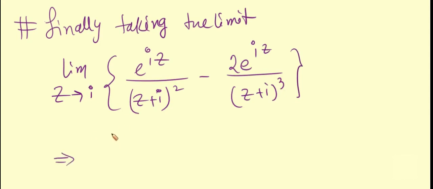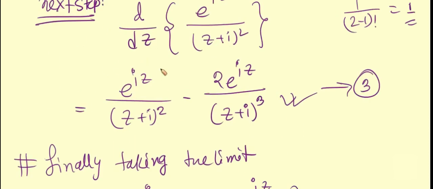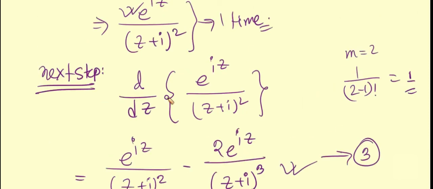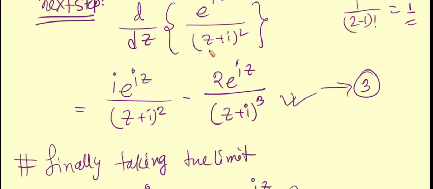So if you just plug in the limit, you will have on the denominator, this will be (2i) squared. Here you'll have, oh yes, I think I made a mistake. Sorry about that. When you differentiate it with respect to z, here you'll have an i on this term, because first you are differentiating e to the power iz with respect to z, so the i will come down, and secondly you are differentiating (z plus i) whole square, and that's why there is this minus sign, and there is this z cube and all that.